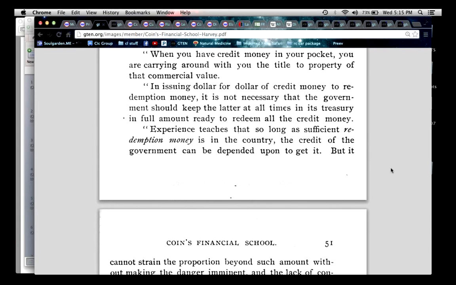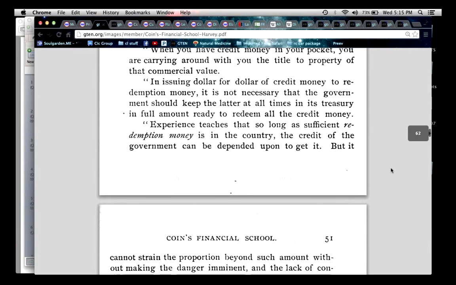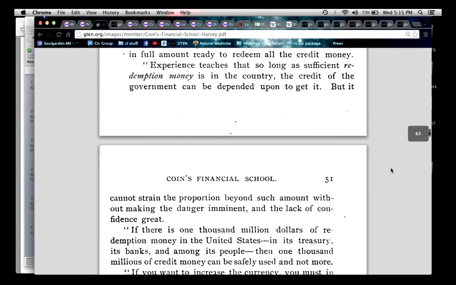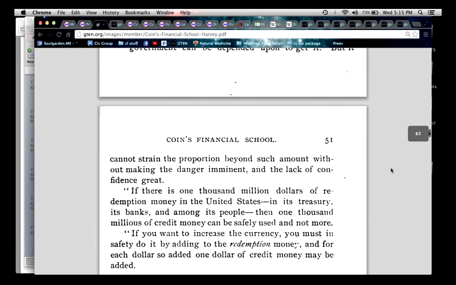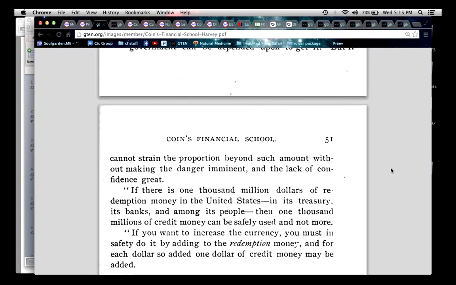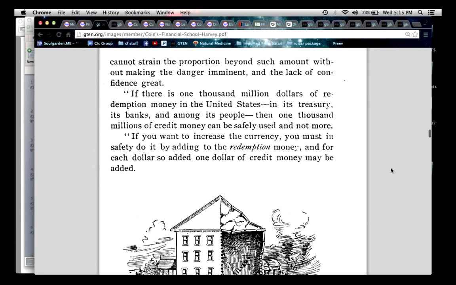In issuing dollar for dollar of credit money to redemption money, it is not necessary that the government should keep the latter at all times in its treasury in full amount to redeem all the credit money. Experience teaches that so long as sufficient redemption money is in the country, the credit of the government can be depended upon to get it. But it cannot strain the proportion beyond such amount without making the danger imminent and the lack of confidence great.